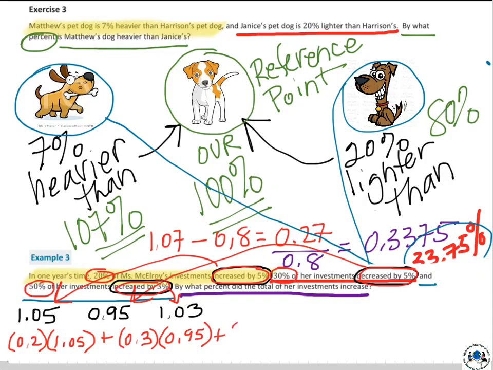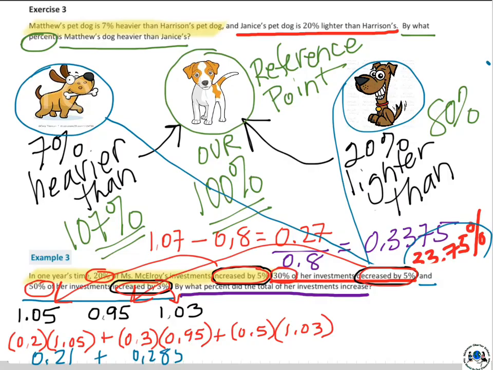All right, and then lastly, we had 50% of her investments increased by 3%, and that is represented there by 0.5 multiplied by 1.03. And if I do all of my math, I do my 0.2 times 1.05, I get 0.21.